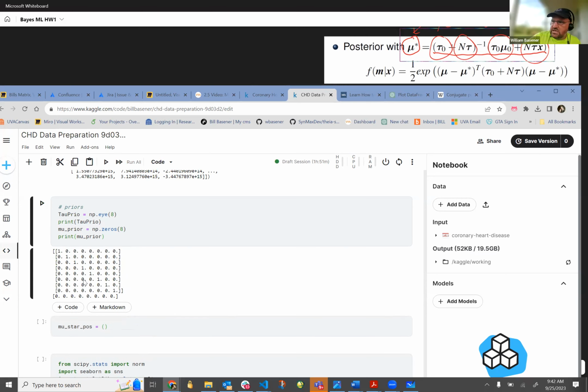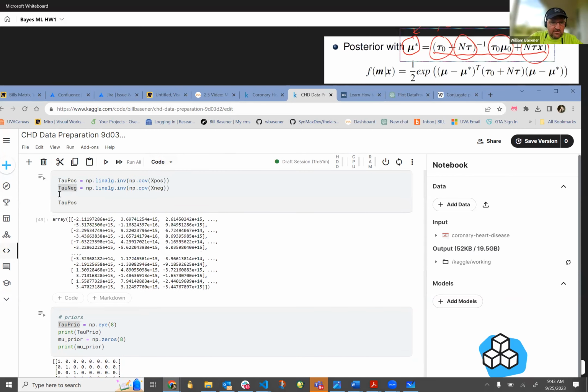So there's our tau, and then here's our mu. Okay, so mu star positive is going to be tau prior, just following this formula up here, plus n, and we'll have to figure out what n is. It's just a number. We'll leave it as n for the moment, times tau, and we're doing the positive case here.